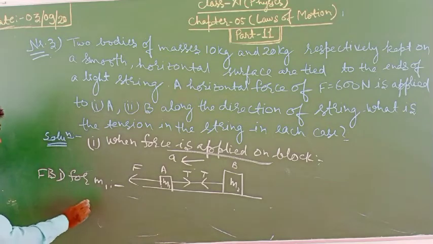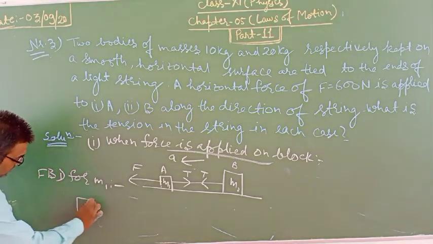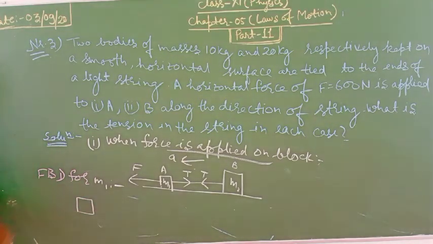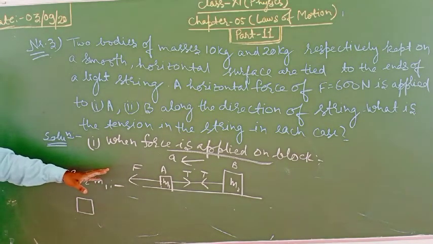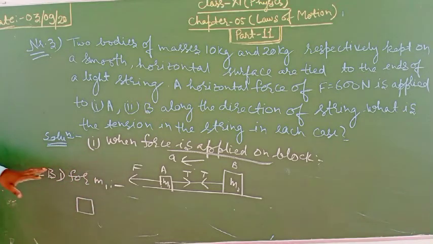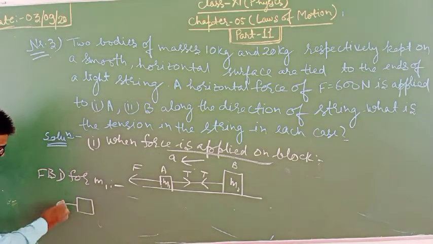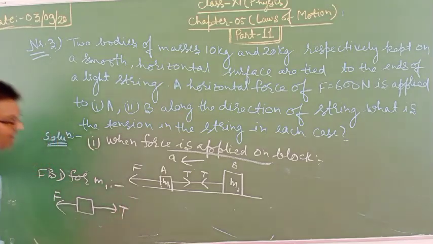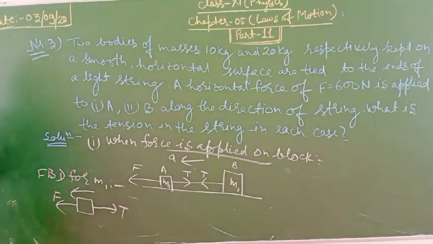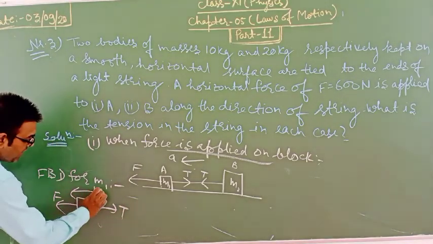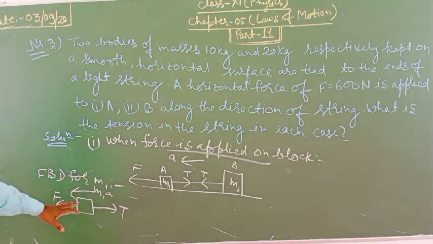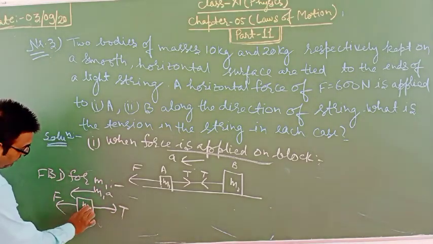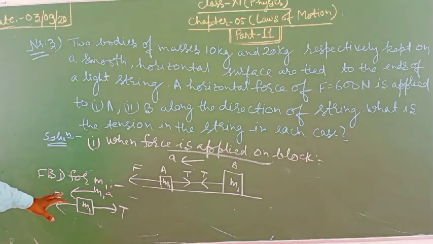Look here. We have supposed mass M1. Since we are not going in the vertical direction, we will not consider the vertical forces. We only consider the horizontal forces. Here the force F is applied on mass M1, tension T is applied in this direction, and acceleration is in this direction. So the force is M1 into A. Now from this free body diagram, we will write an equation.